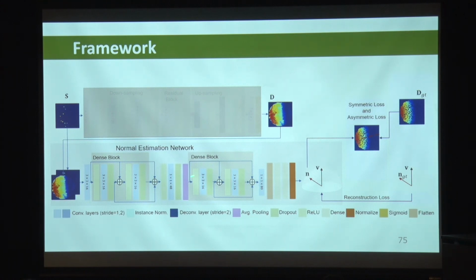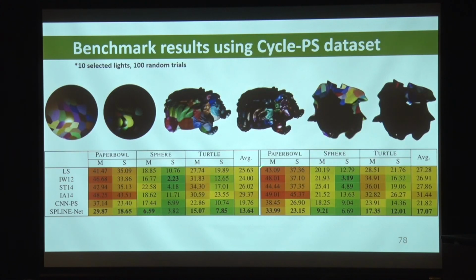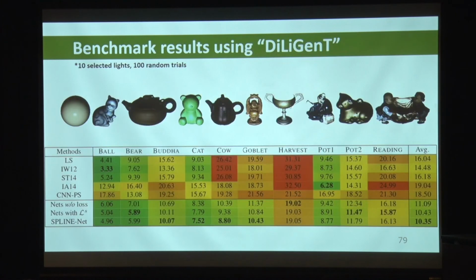This normal estimation network is almost the same as CNN-PS in ECCV 2018. Finally, this is an interpolation result, and this is an estimation result. Maybe this figure is more straightforward. The error is still about 10 degrees, with only 10 lightings as input.